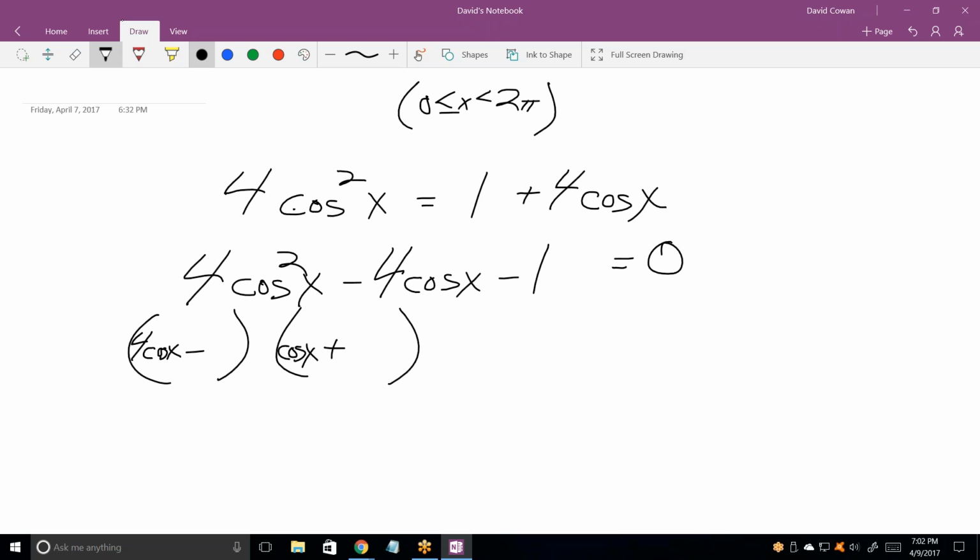Even if I put 1 and 1, which is all we've got, so I could make that plus 1 and that minus 1, that still doesn't get us to that middle term. So that leaves us with only one thing to do. Quadratic formula.